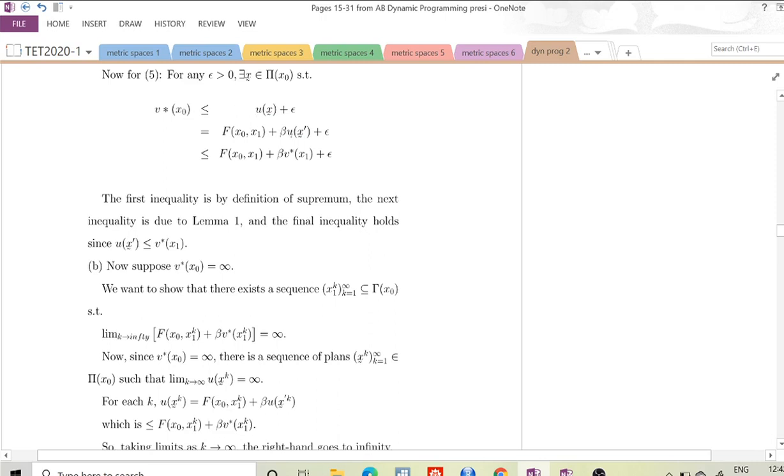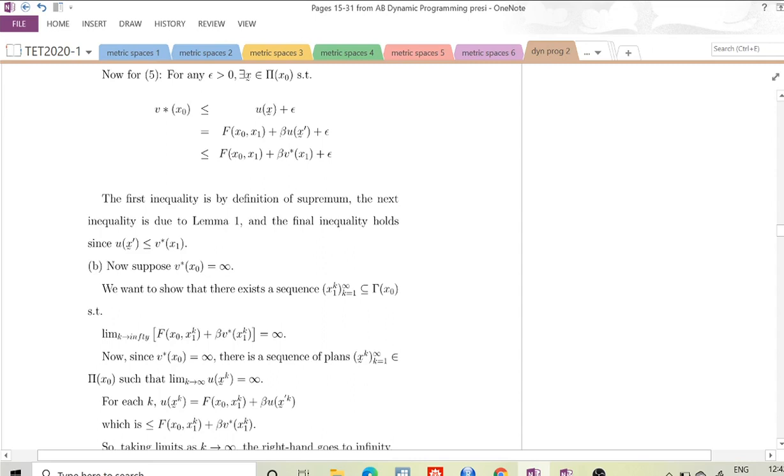But no matter, it's a feasible plan, okay? So for this feasible plan, it must be that the discounted present value from tomorrow, which basically starts with state X1, must be less than or equal to the best that you can do, the sup, which is V star of X1. So this is less than or equal to that, and so that is less than or equal to this. Okay, that's your inequality 5.